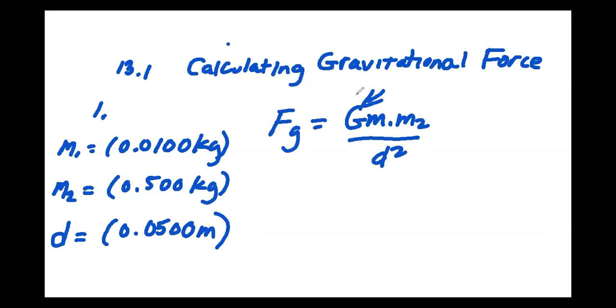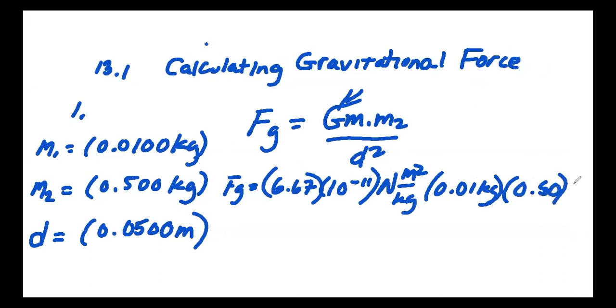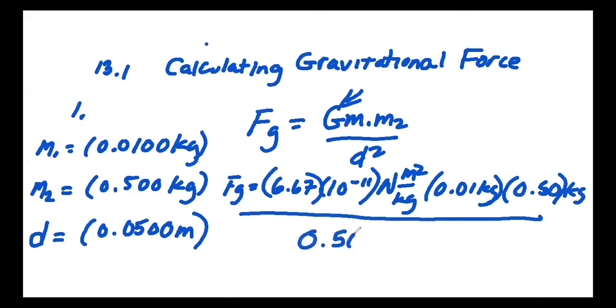Fg equals 6.67 times 10 to the negative 11 newton meters squared per kg squared, times 0.01 kg, times 0.50 kg, divided by 0.0500 meters quantity squared.